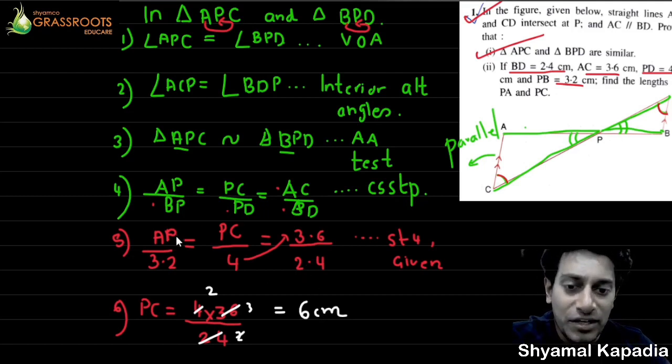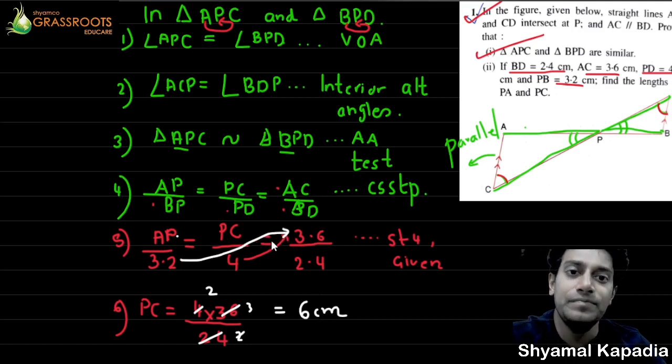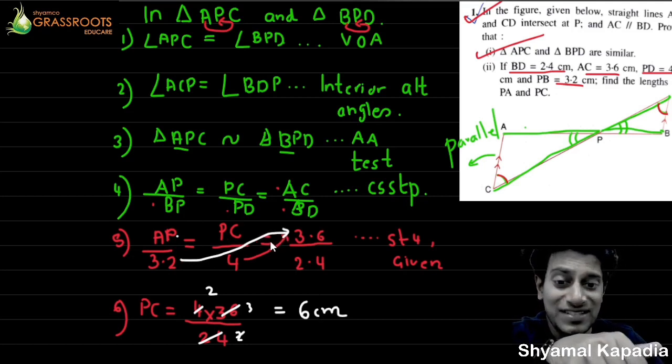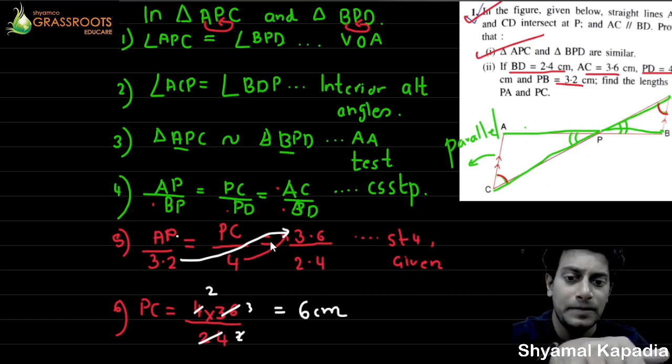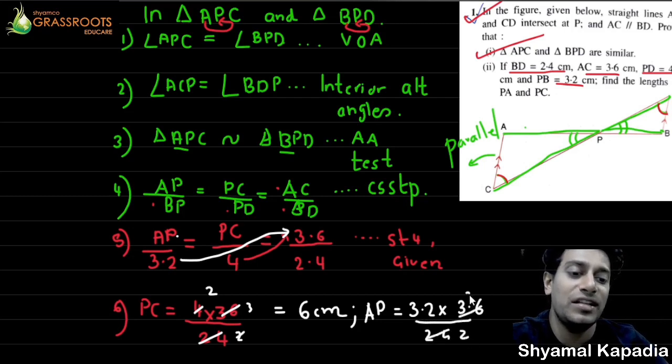And now if I am talking about AP, cross multiply. So AP is 3.2 into 3.6 upon 2.4. Okay, so I'll just write it out here. AP is gonna be 3.2 into 3.6, the whole upon 2.4. 12 2s are 12 3s are, and 2 1.6 are.